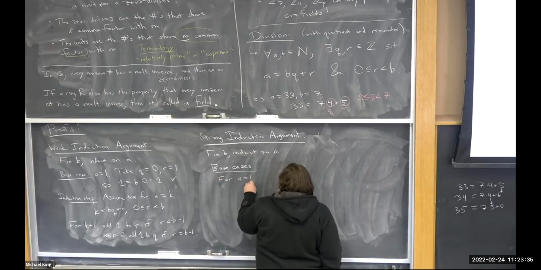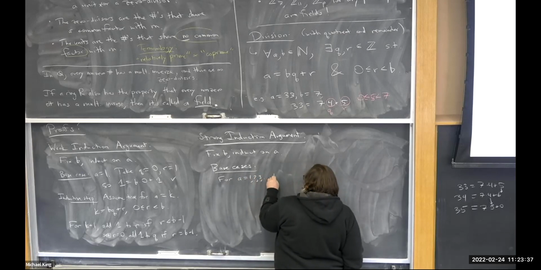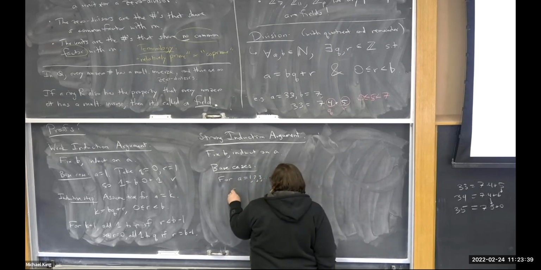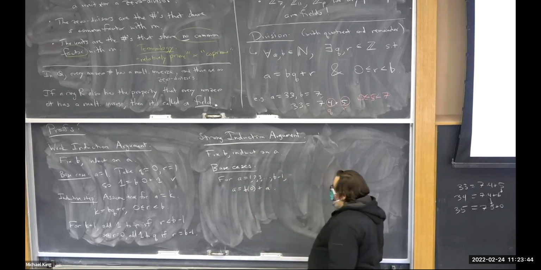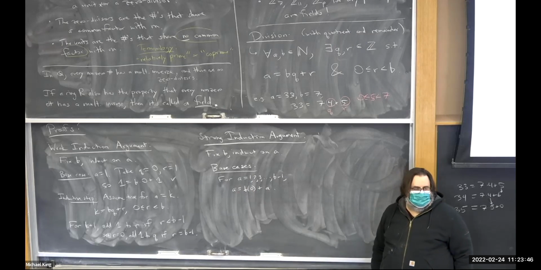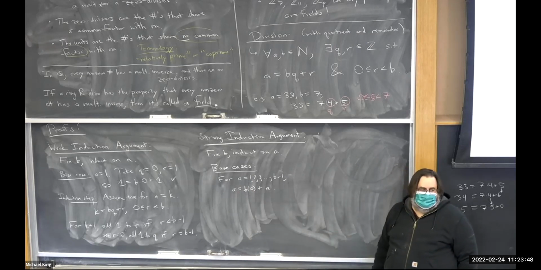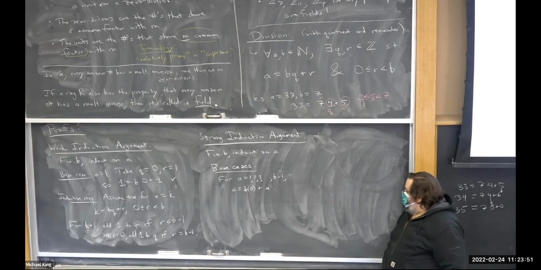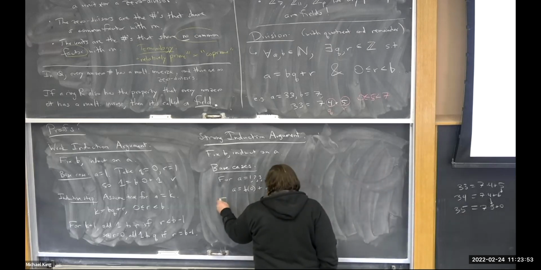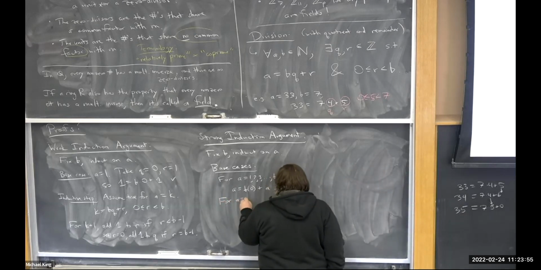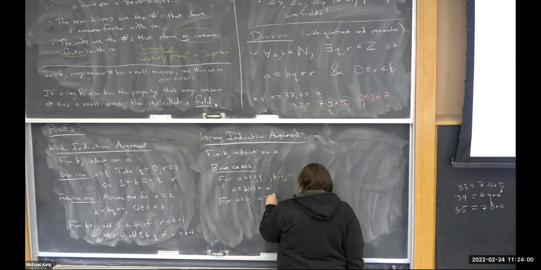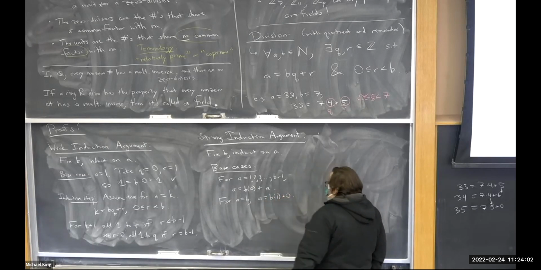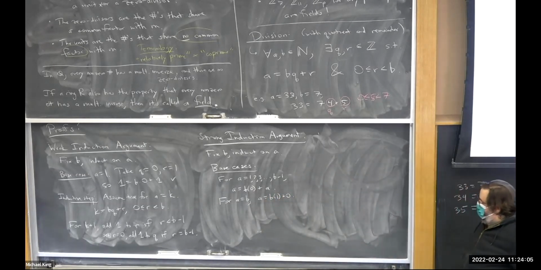For A equals 1, 2, 3 up to B minus 1, just write A is B times 0 plus A. That's kind of what we do with 1. Just take Q equals 0 and R equals A. And I want to do it for A equals B also, A equals B times 1 plus 0. So I could do everything up to B explicitly, right?